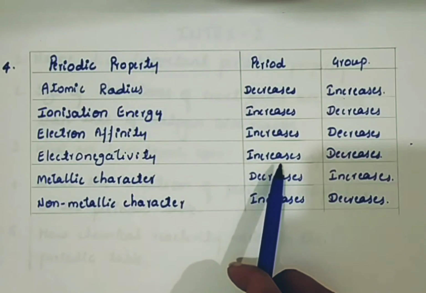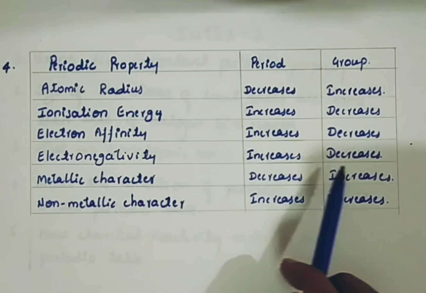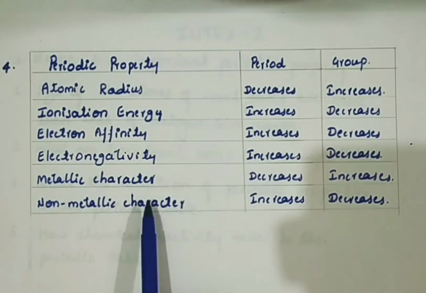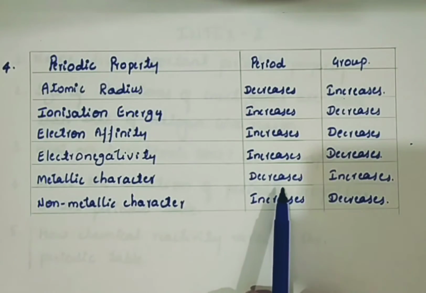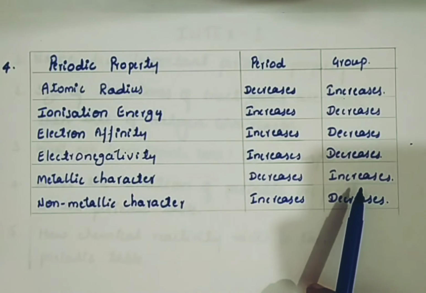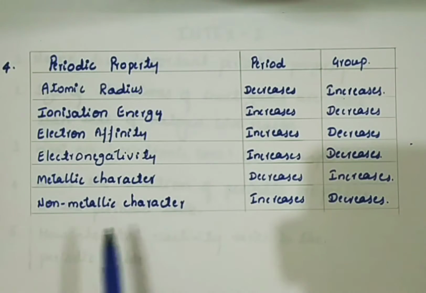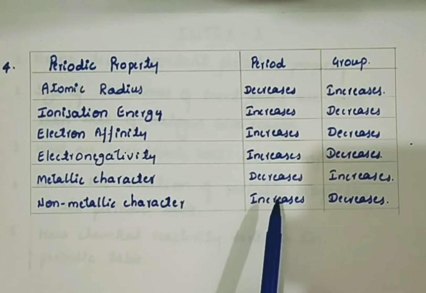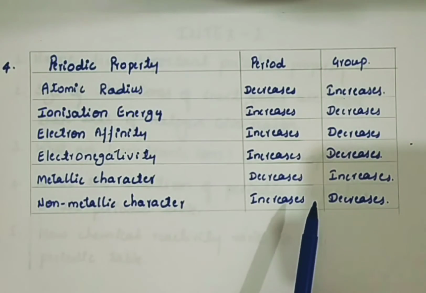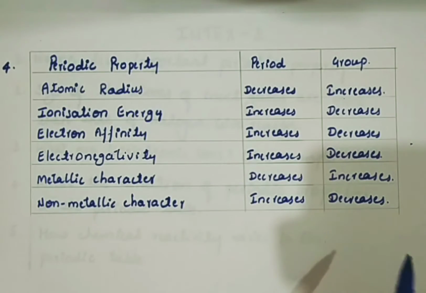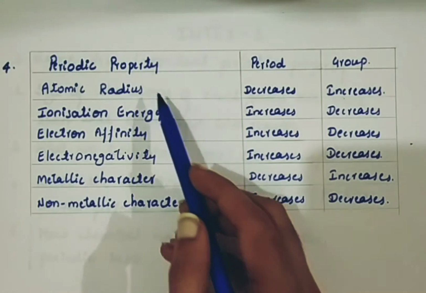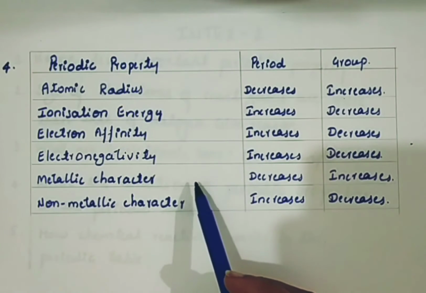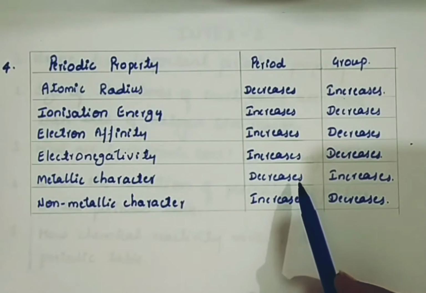Electron affinity again increases across the period and decreases down the group. Electronegativity again increases across the period and decreases down the group. Metallic character decreases across the period and increases down the group. Last one is non-metallic character. It increases across the period and decreases down the group.